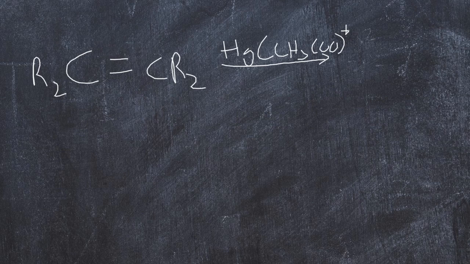The mercury salt will actually attack the pi bond electrophilically. That is electron deficient, and we all know electrophiles attack because they're always looking for electrons. So it attacks the pi electrons and forms a bond with either one of the carbons. Since we're looking at a double bond between carbons, we can form a bond with either one of the carbons. So let's see what is going to be formed, R2. Then we have something like this.